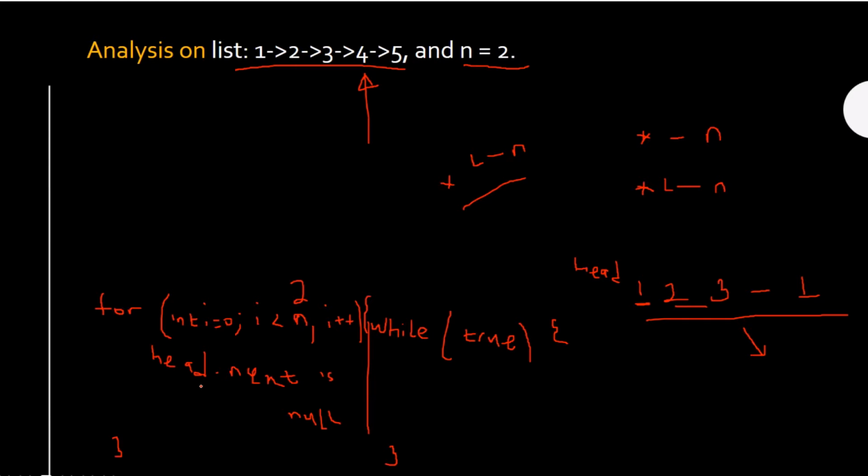So you check head.next is null, okay, then you go again, because you have to update your head to be head.next each time. That means you are moving from here to here.